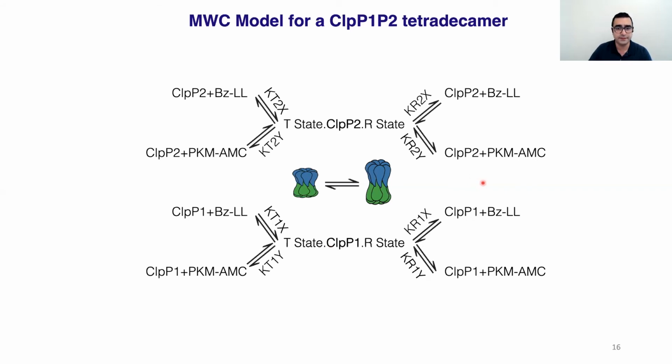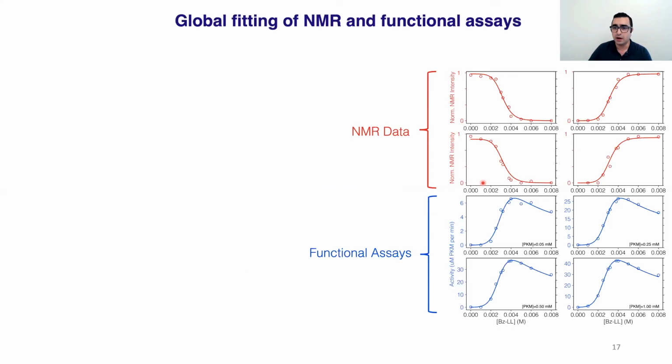Now we have a fair bit of data, both NMR, where remember that we have some peaks that go down in intensity and some that go up in intensity for the P1 ring and the P2 ring. We also have functional assays performed as a function of substrate concentration. I'm only showing a fraction of the data here.